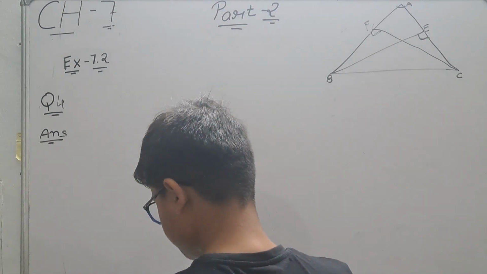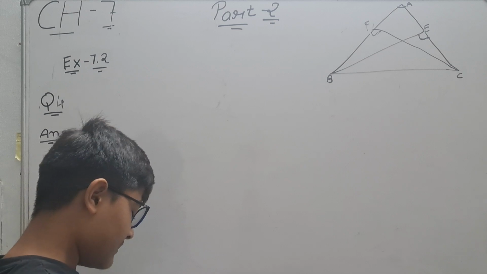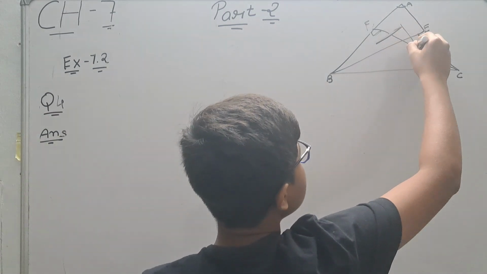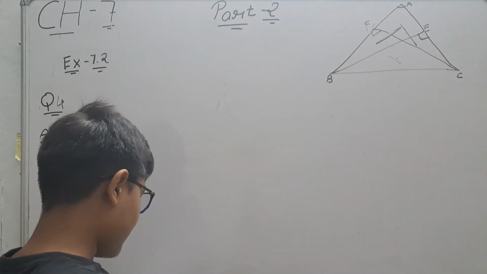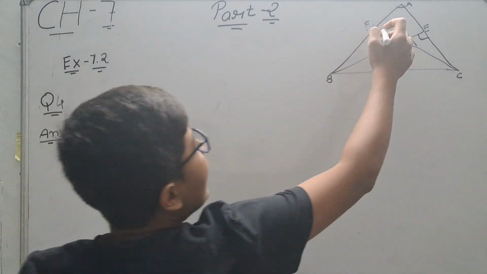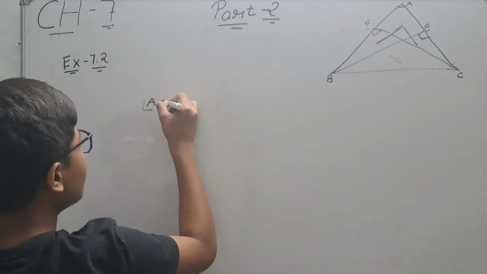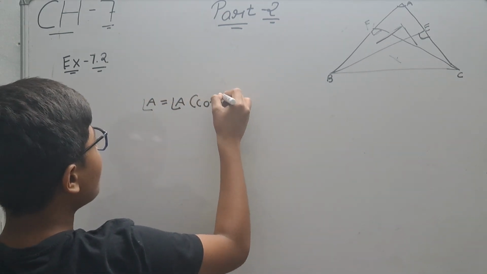We have to prove triangle ABC, ABE, that means this triangle with this triangle. Angle A is common over here also, so angle A is equal to angle A, common.